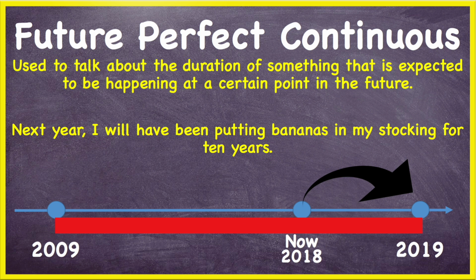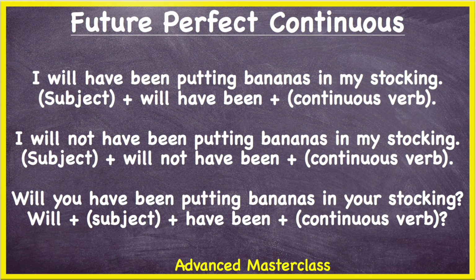Okay, so I'm looking ahead to the future and talking about the past from the perspective of a point in the future and something that will still be happening, right? So let's look at the structures.